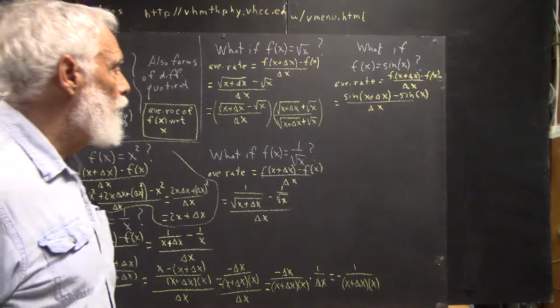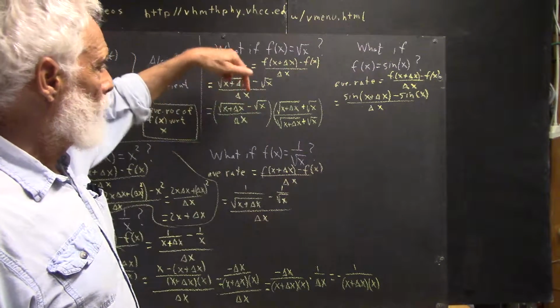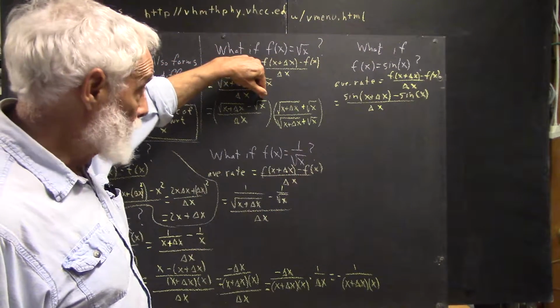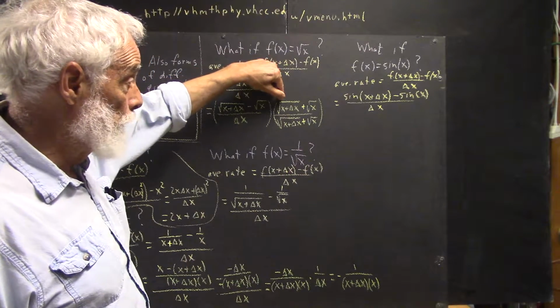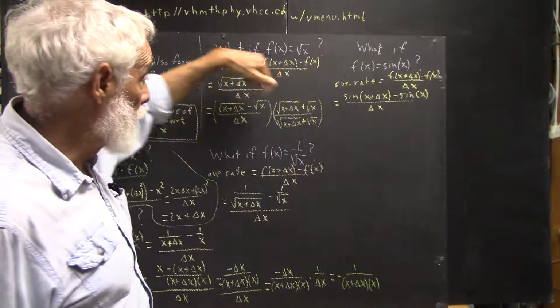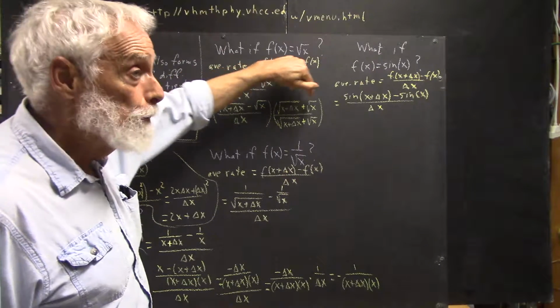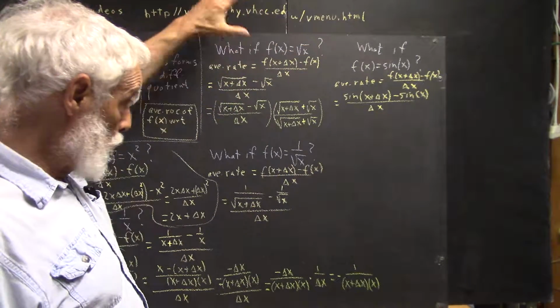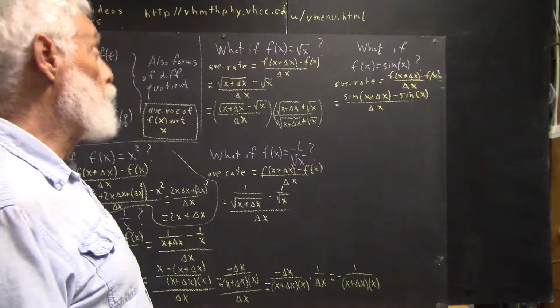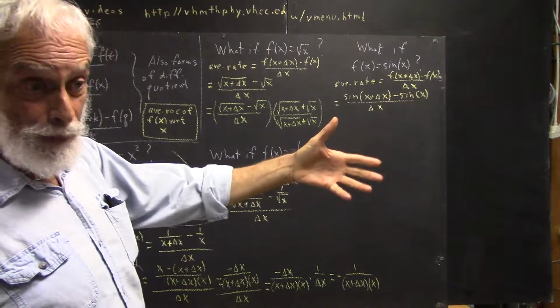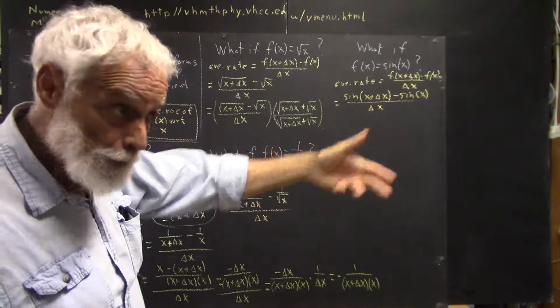Now, how does that help? Well, this is something minus something multiplied by that something plus something. That's like a minus b times a plus b. And you should be well rooted in the idea that a minus b times a plus b is a squared minus b squared.